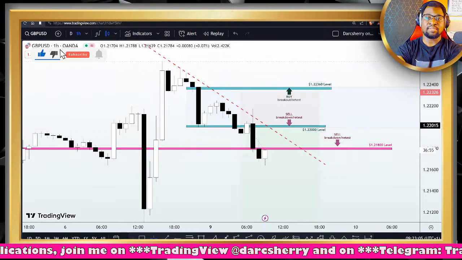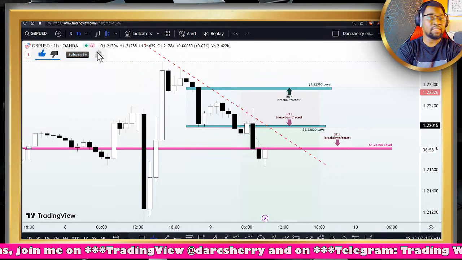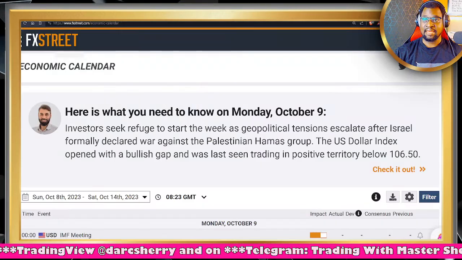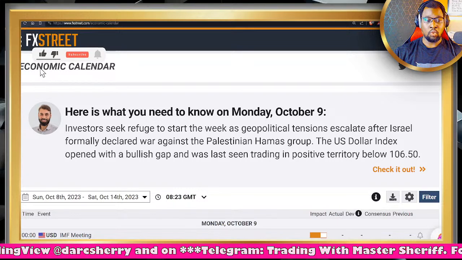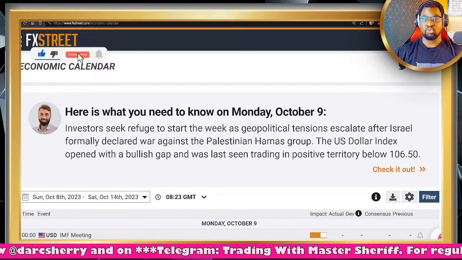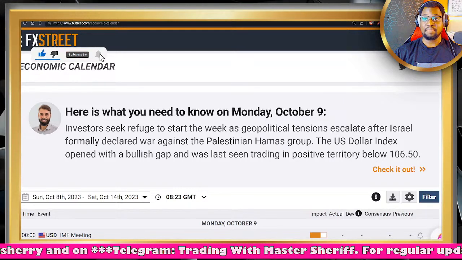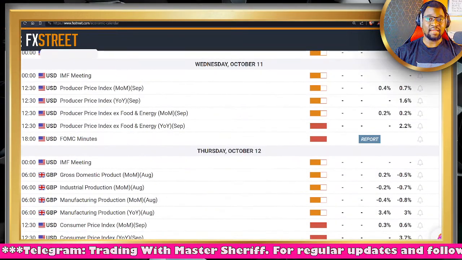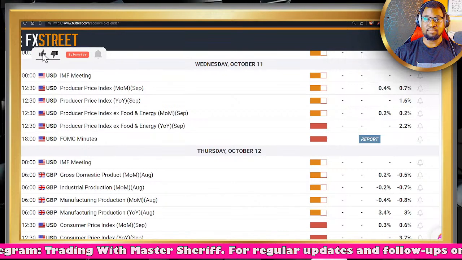Now, as usual, the next thing we are going to be doing this morning is to run through the economic calendar, as by now we all know how important this daily routine is, as these fundamental factors often manifest on the chart in technical patterns and price movement.